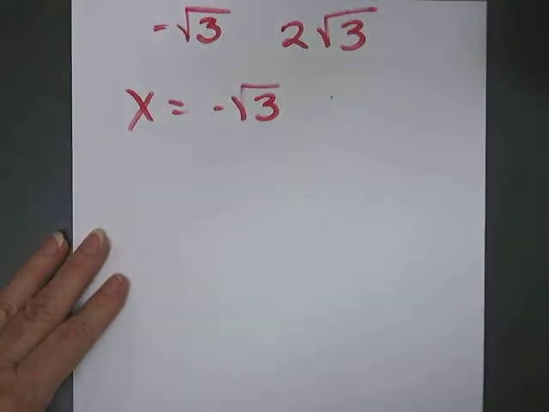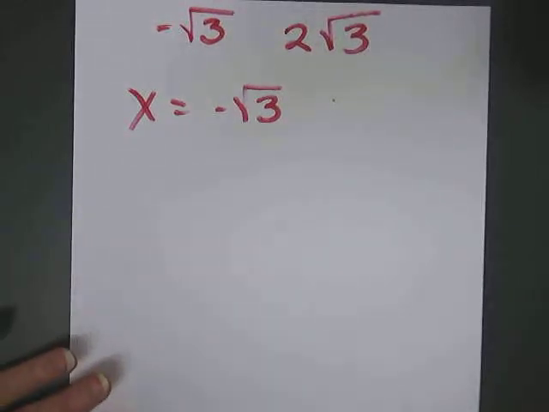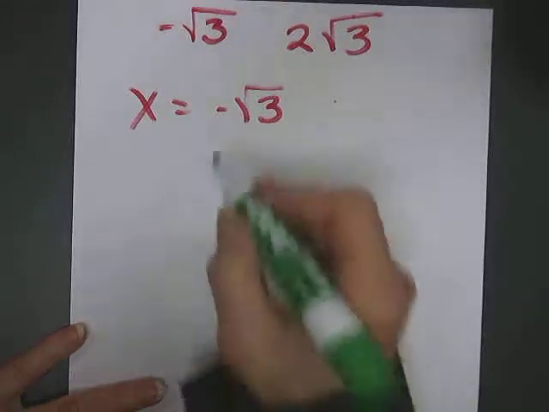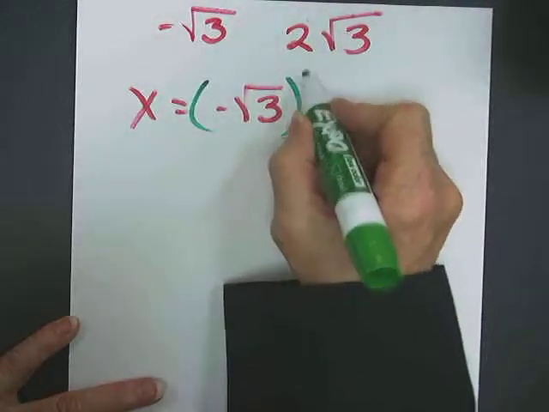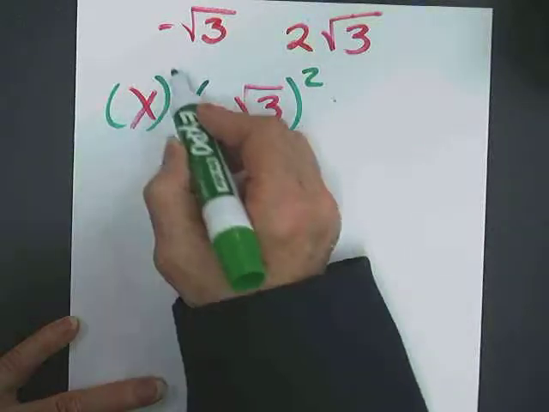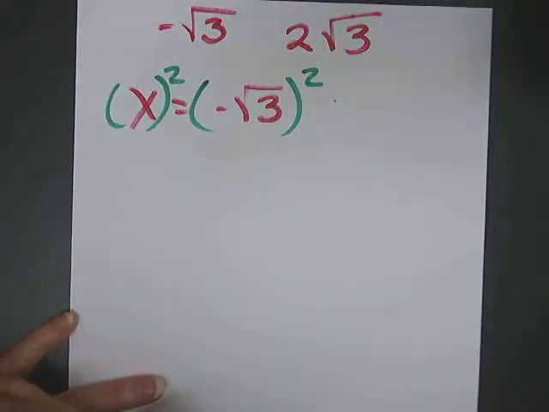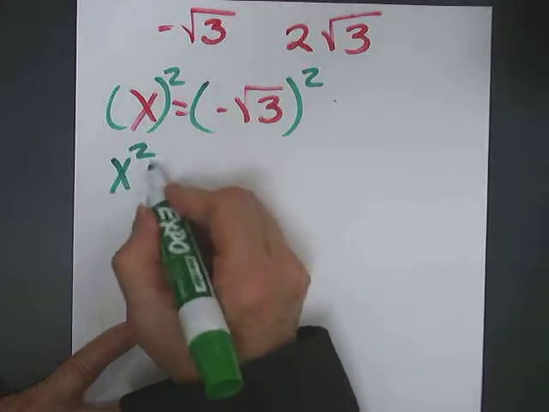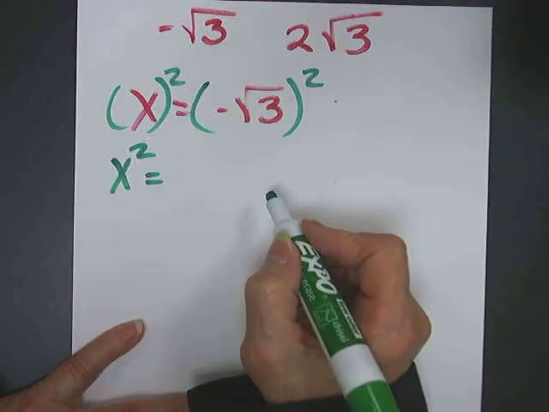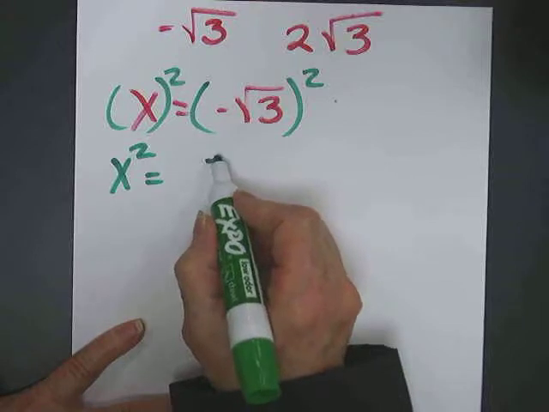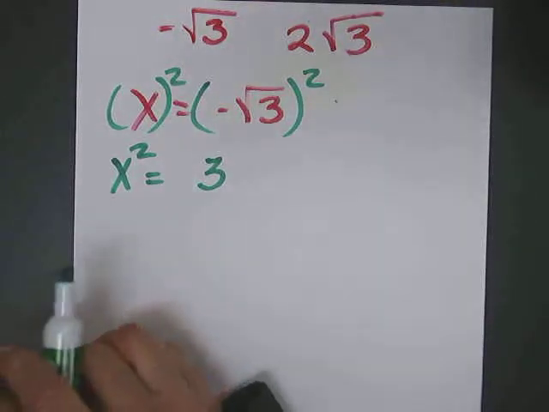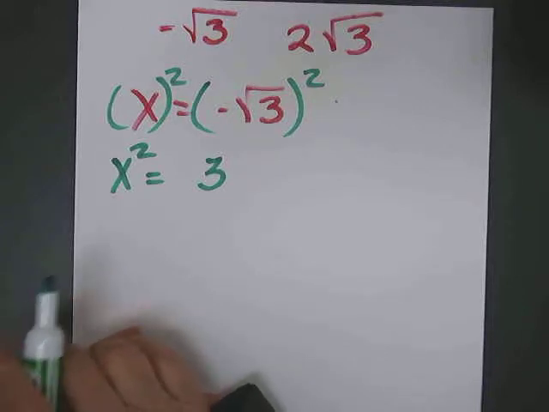Let's do it with square roots. Then we'll take the break. Okay, negative square root of 3 and 2 square root of 3. So x equals negative square root of 3. How do we solve that for 0?